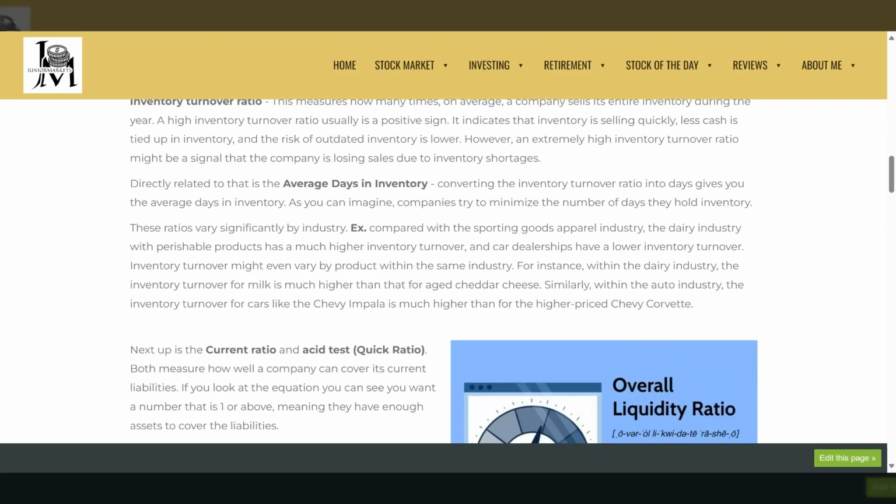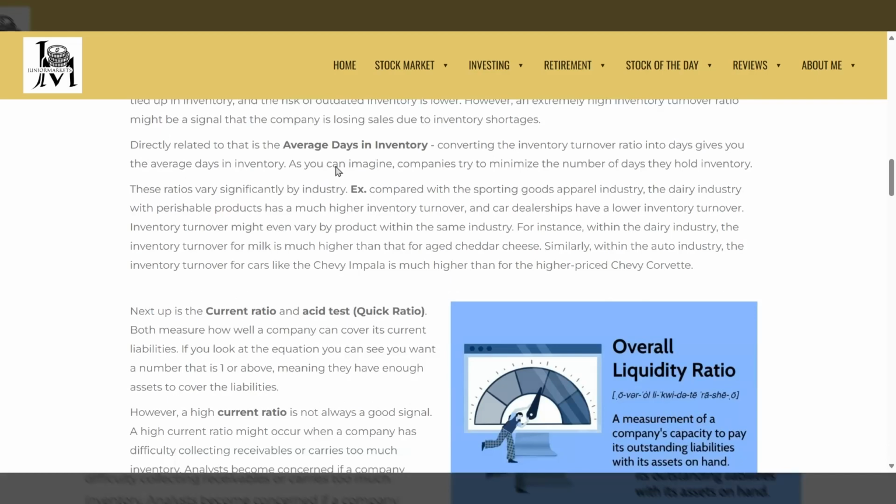And then the higher the asset turnover, this indicates efficiency in generating sales with their assets. So you obviously want a higher asset turnover because this means the company is using its assets to generate more sales and they're maximizing their returns on their investments. So when they make these new investments on their assets, these companies are doing a better job than their competitors at getting sales out of it.